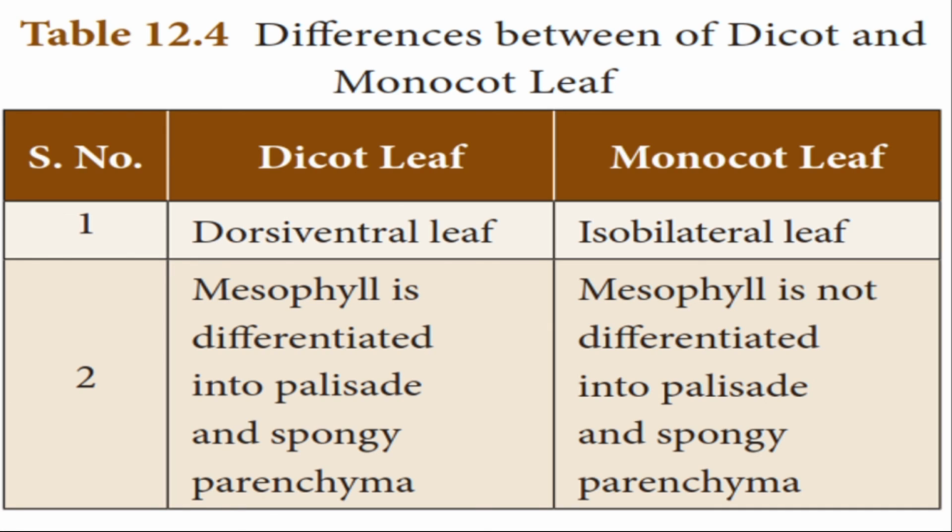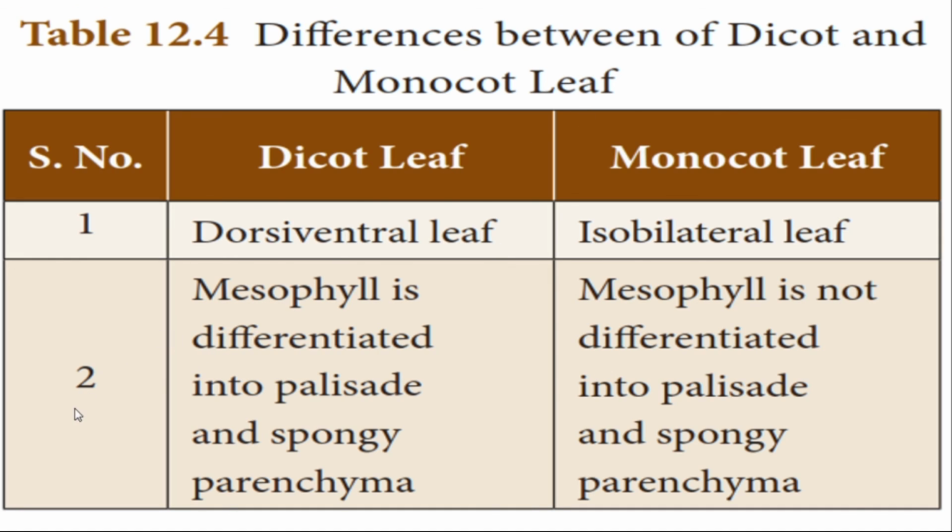We can easily split it into equal parts. That is why we call it isobilateral. Iso means same, bi means two, lateral sections. So longitudinal. That's the meaning of that.